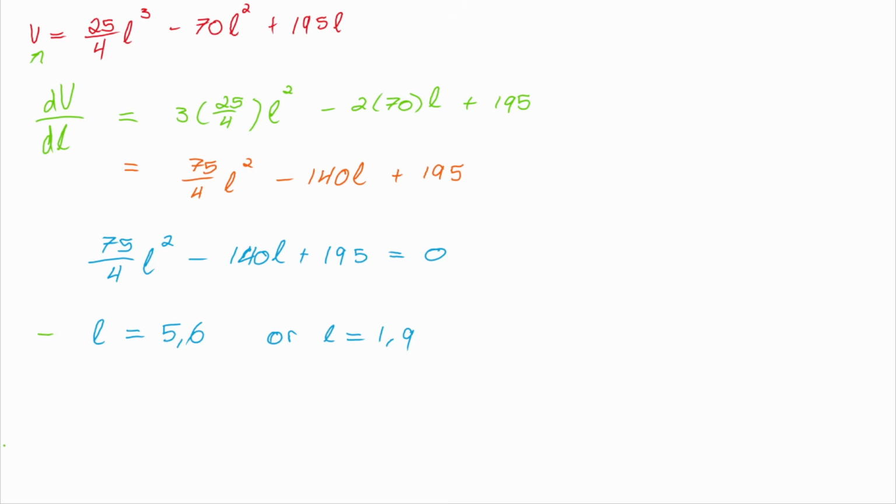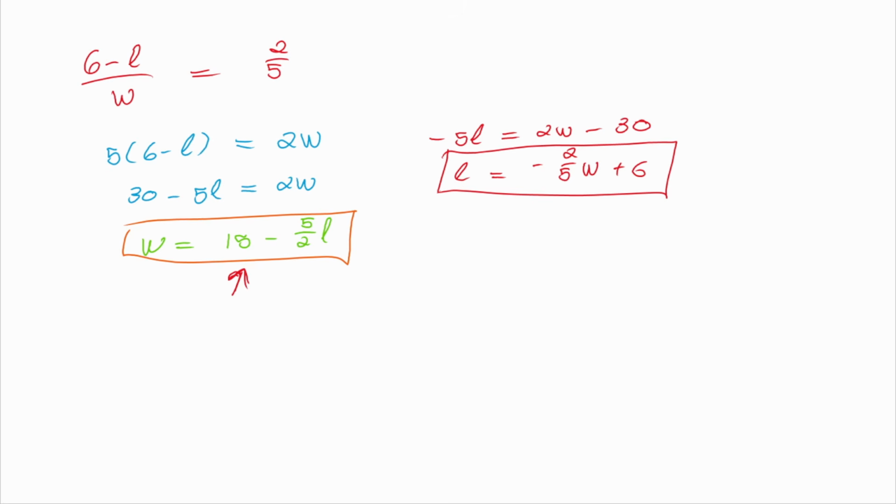So let's look where we had an equation for W. It came from here. Remember, this one we didn't use. So let's plug our L's into this and see what we get.